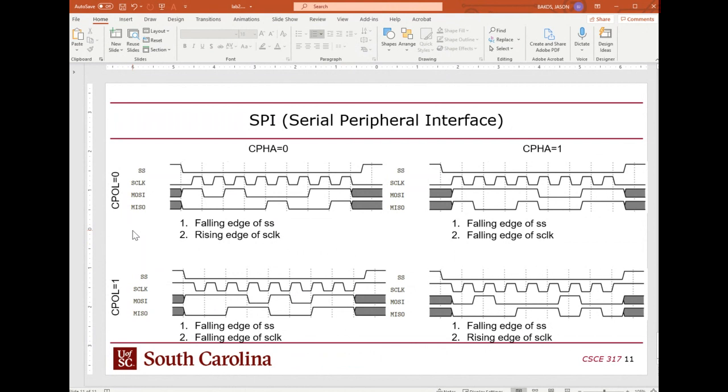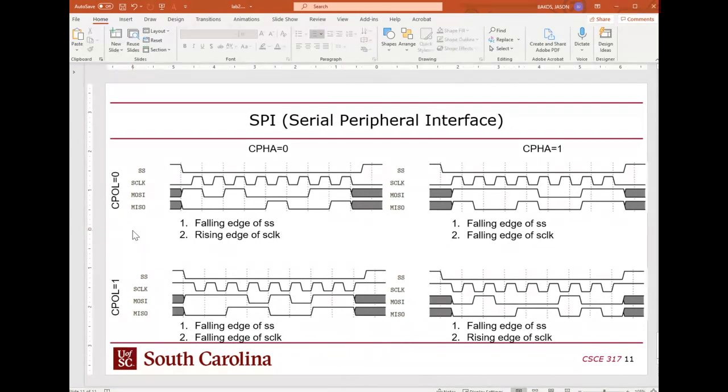For each transaction, the first thing that should happen is a falling edge of SS, slave select. And then the next thing you wait for depends on CFA and CPOL.